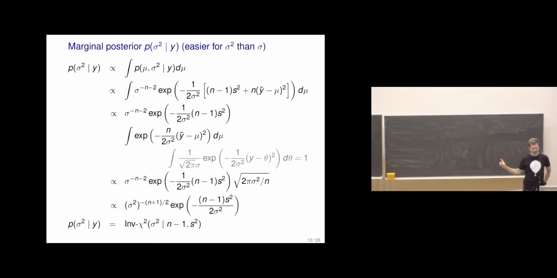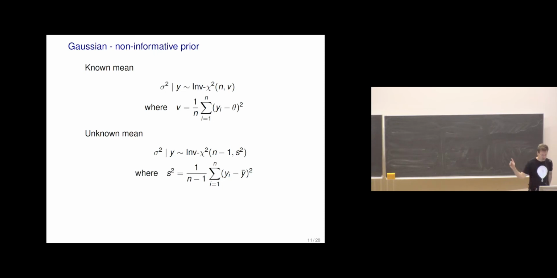Sigma squared is easier, for example, in this computation, but sigma is on the same scale as the original observations and mu, so it is easier to interpret. Here the difference compared to the known mean case: sigma has also an inverse chi-squared distribution, but when we go from known mean to unknown mean, the first parameter changes from n to n minus 1.